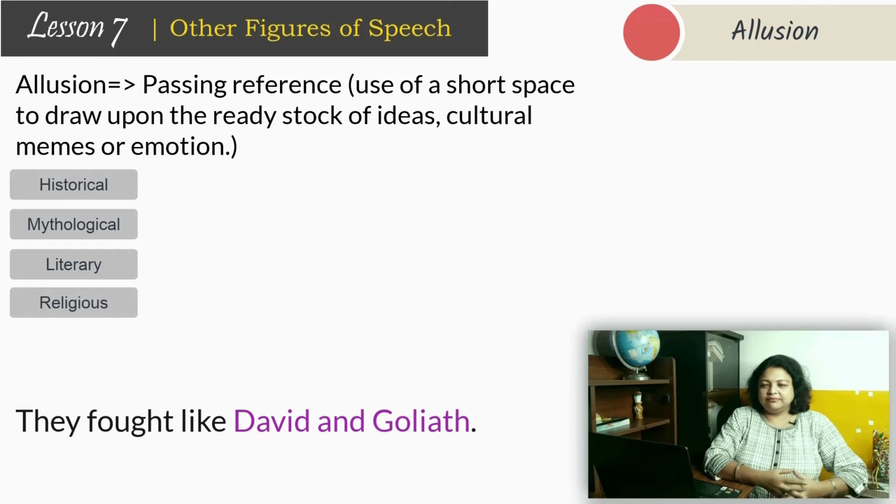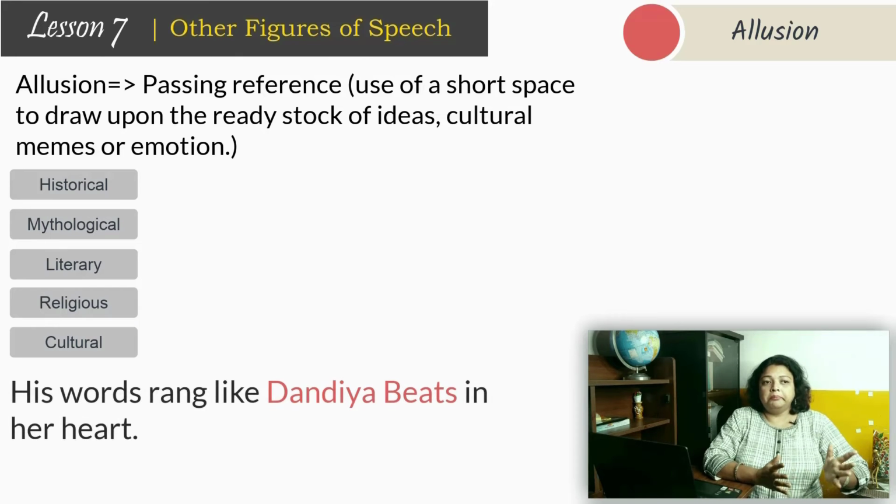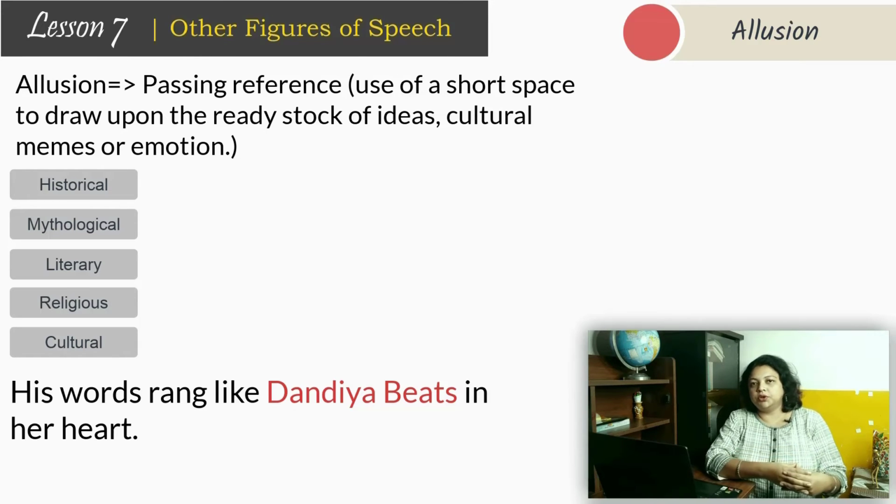Religious allusions, again, similar things, and then cultural allusions. Cultural allusions are something which are most difficult to decipher by outsiders. Cultural allusions are possible when the writer and the readers both belong to one cultural identity or a close cultural identity.